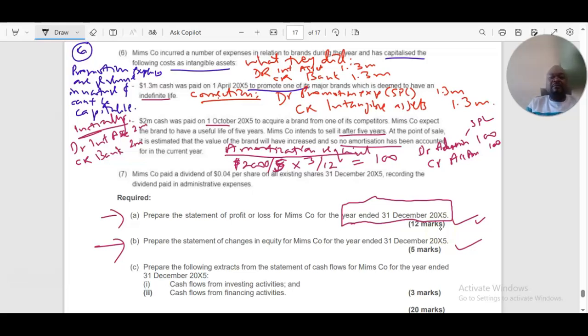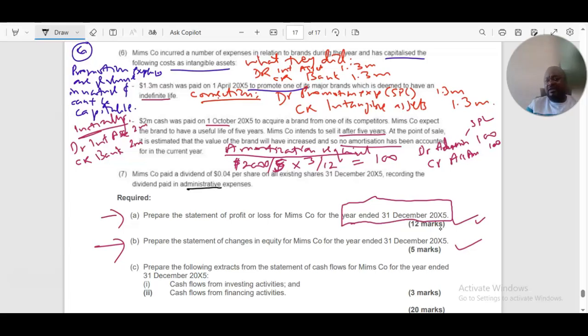Okay, Mims company paid a dividend of $0.04 per share on all existing shares on 31st December 2005, recording the dividend paid in administrative expenses. Now, we all know that dividends are transactions between equity participants. They should be given out of retained earnings.